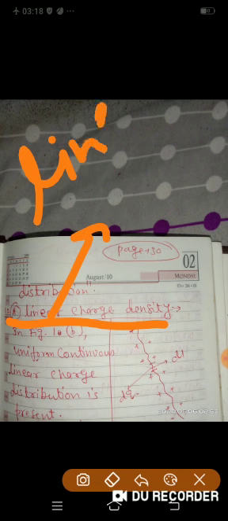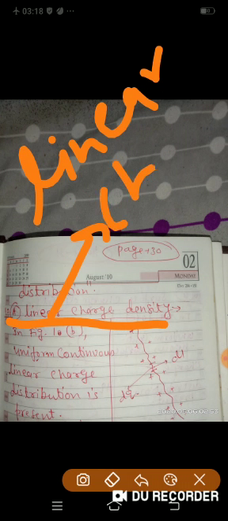One, as you can see in your video, is linear charge density, which represents the linear charge distribution.